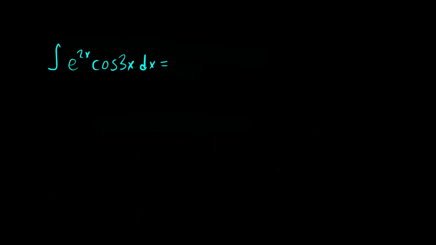This next one is a little bit more involved. Looking at this, you want to use LIAT to figure out what your u is. You have logarithms, inverse trig, algebra, normal trig, and your e's.